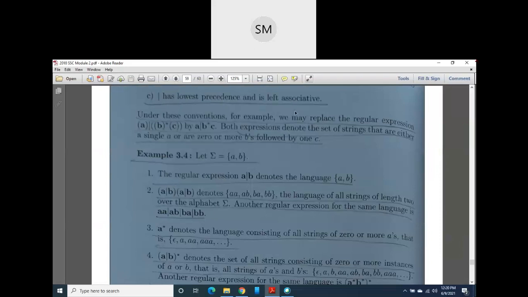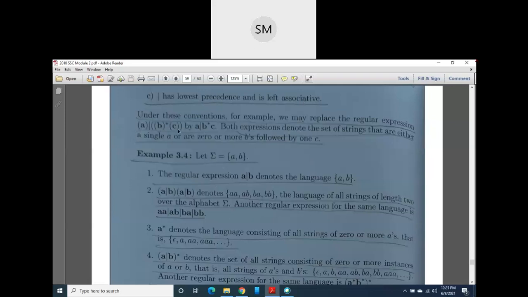It means that first we should solve star, that is Kleene closure, then concatenation, then union. Remember: star, concatenation, then union. Now we can eliminate the unnecessary brackets, because already you know this precedence. If two operators have the same precedence, then we can go with associativity. You already know all these rules.